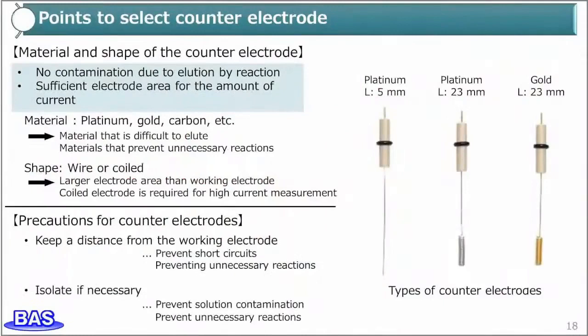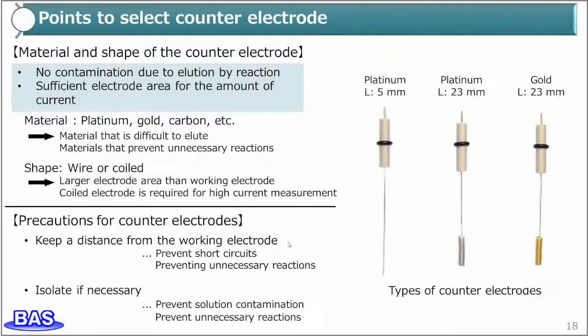In order to satisfy these two characteristics required of the counter electrode, materials such as platinum, silver, and carbon are often used. In addition, the shape must have a larger electrode surface area than the working electrode, such as a straight wire or coil shape.